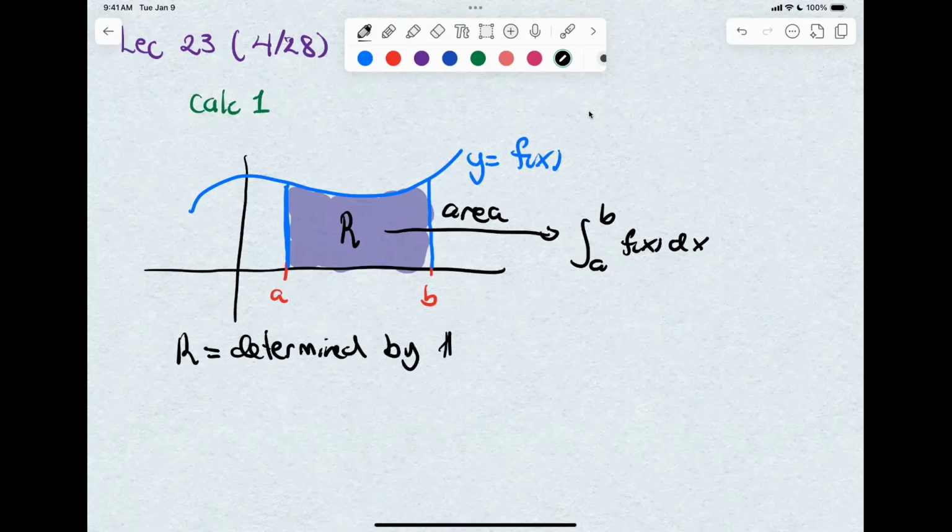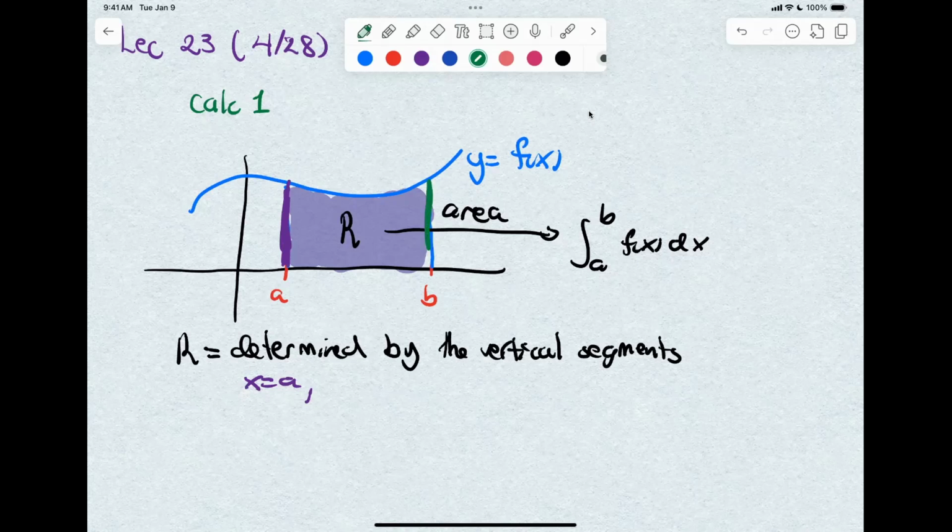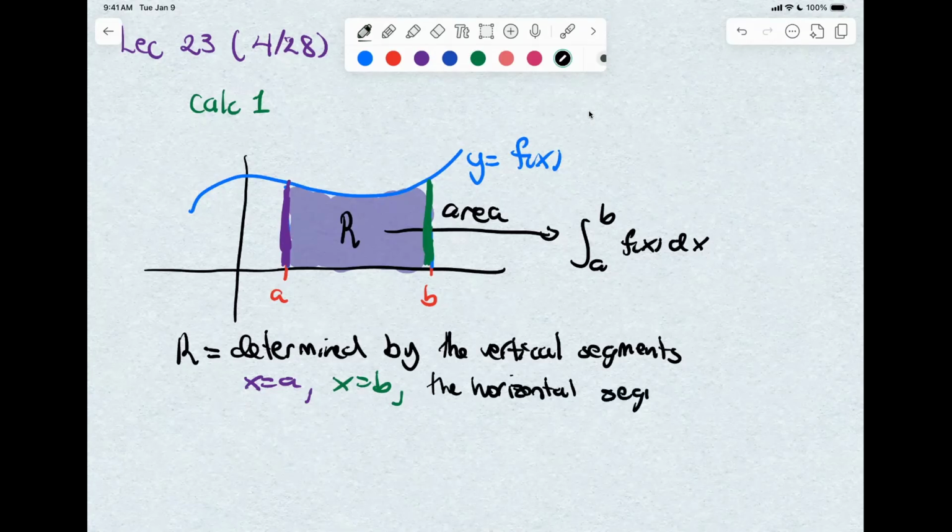By the vertical segments, and I'll use different colors so that it's more clear, x equals a, x equals b, the horizontal segment from a to b, with a less or equal to b, right?